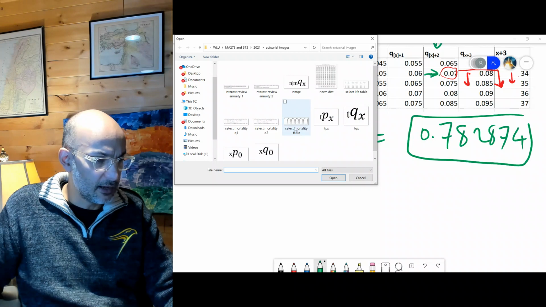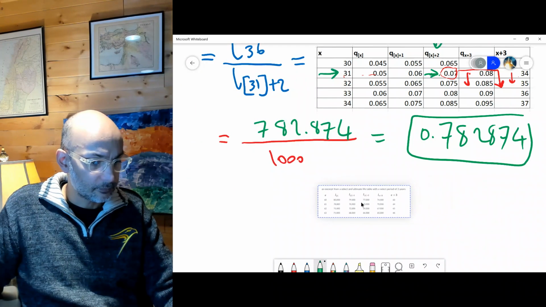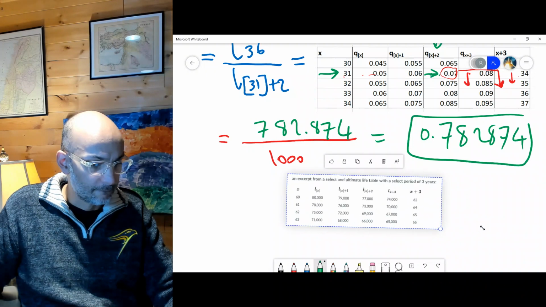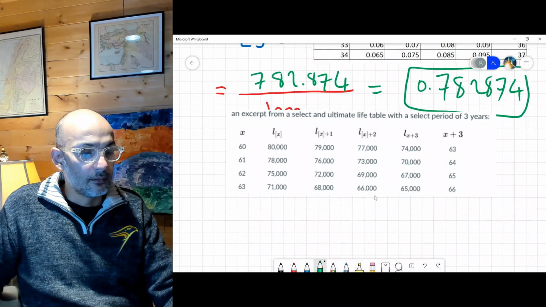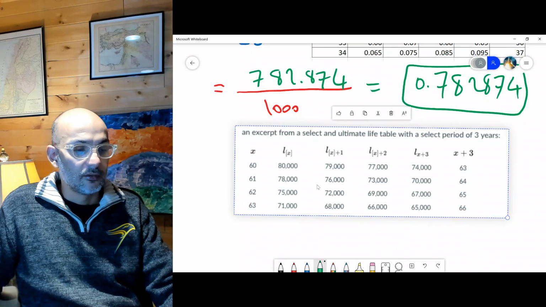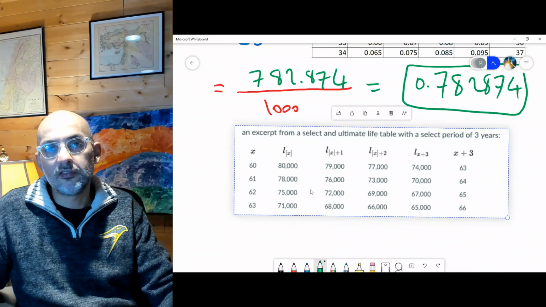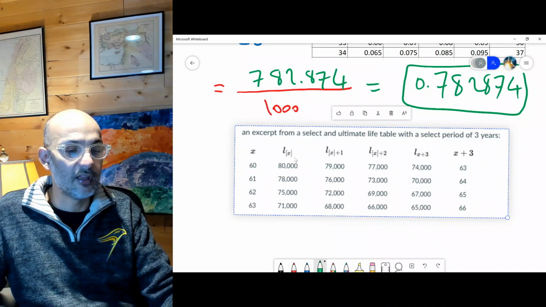Instead of mortality, you might have the select life table like this. If it's given to you this way, it's as easy as the other one.